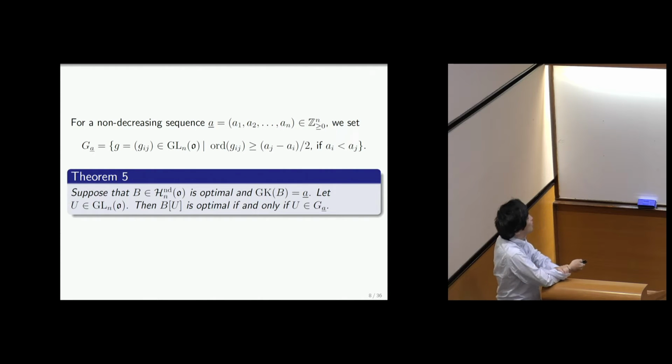So this is an open compact subgroup of GL_n(O). Then the next theorem says that if B is optimal and the Gross-Keating invariant of B is equal to a, and U is a unimodular matrix, then B[U] is optimal if and only if U belongs to G_a.